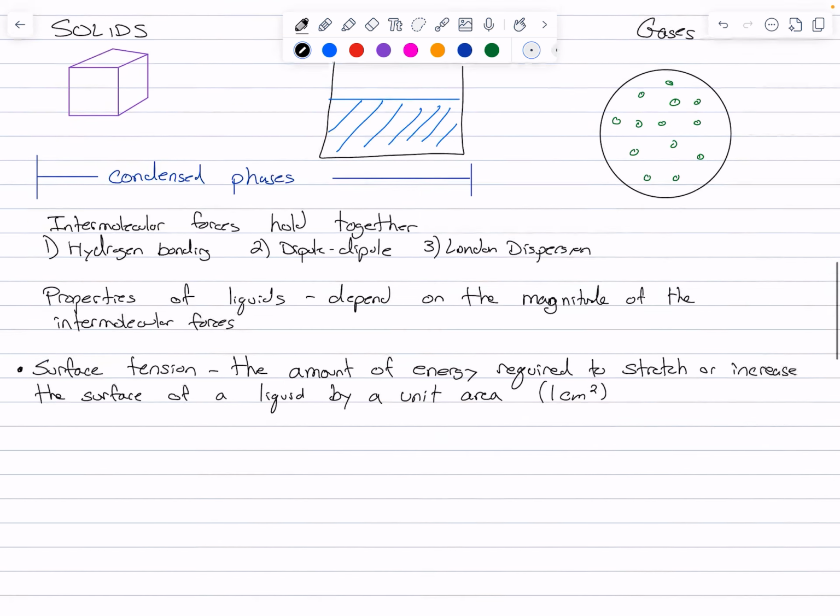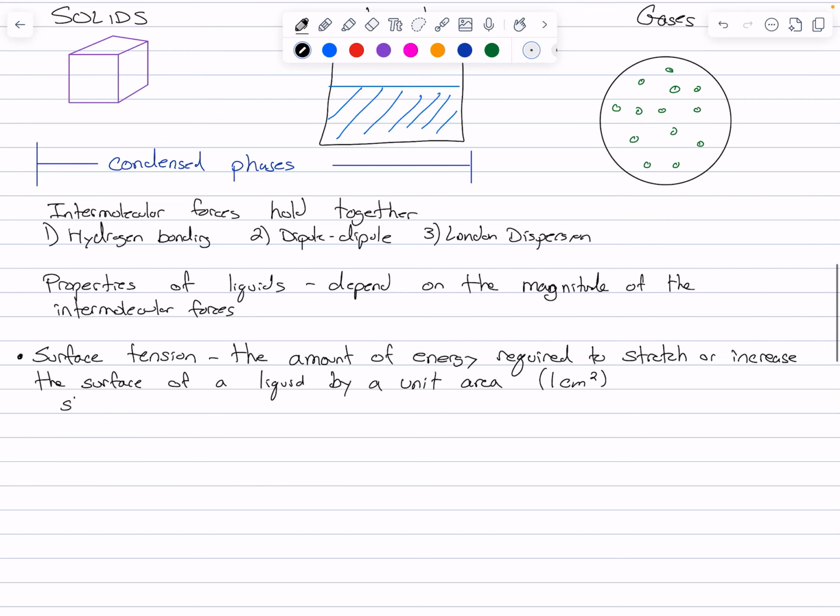And so if you have strong intermolecular forces, that usually means high surface tension. We're going to look at this for a second.